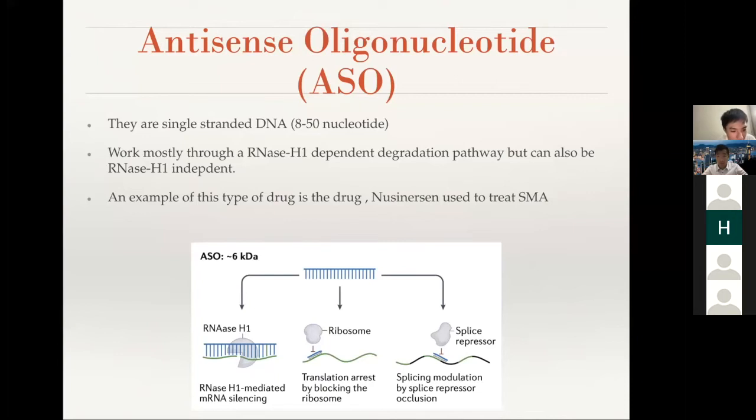ASOs are small single-stranded DNA that work within the nucleus during the splicing process we mentioned earlier.